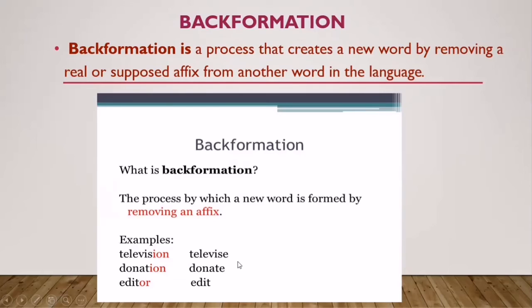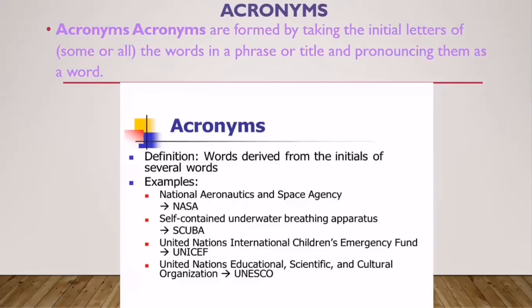Good. So look, guys, now we have acronyms. What are acronyms? Acronyms are formed by taking the initial letters of some or all of the words in a phrase or a title and pronouncing them as a word.